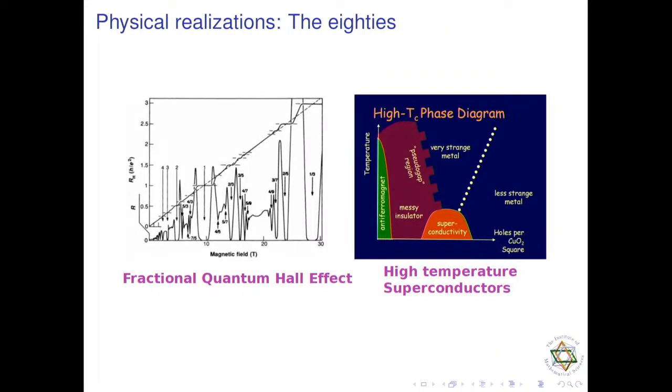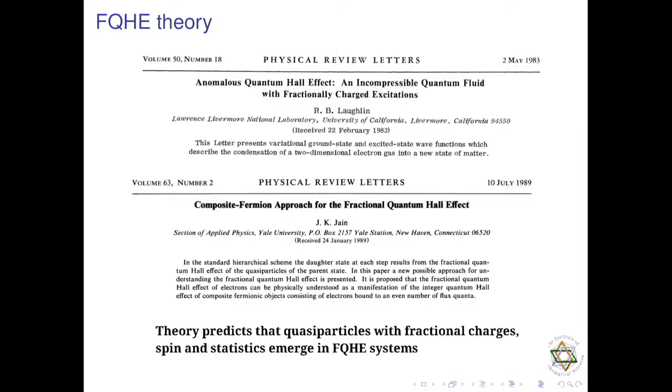So then physical realizations: in the 80s, there were two major discoveries. One was the discovery of the quantum Hall effect and the fractional quantum Hall effect, and the other the discovery of high-Tc superconductors. So both of them led to anyons eventually. Fractional quantum Hall effect very directly, in the sense that very soon after the experimental discovery, the theory also came.